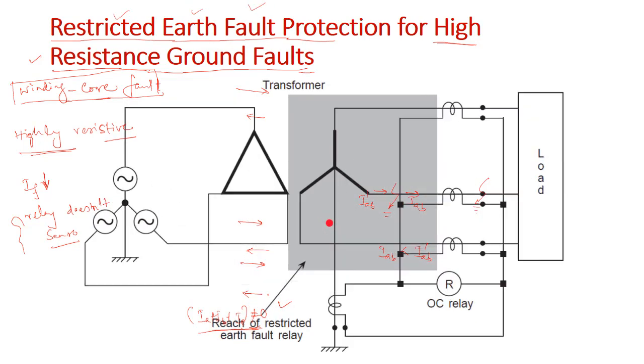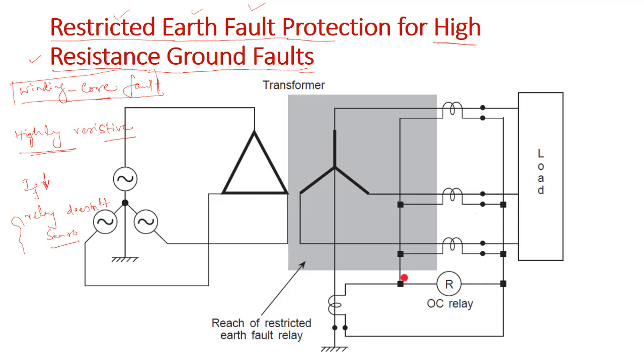So now let us consider the star side. For the star side, what will happen? A similar arrangement will be made, which will only operate during the high resistance fault in the star side only, that is winding to core fault, not for other faults, right? Even if the fault happens in the delta side, it should not respond, right?